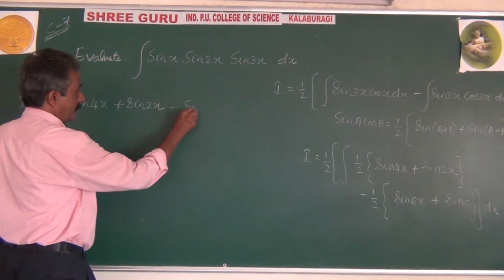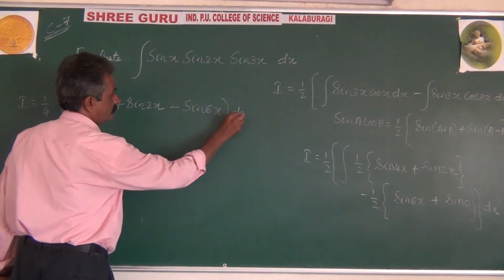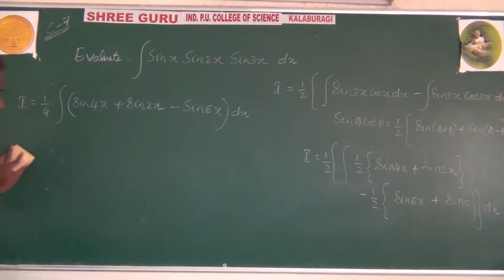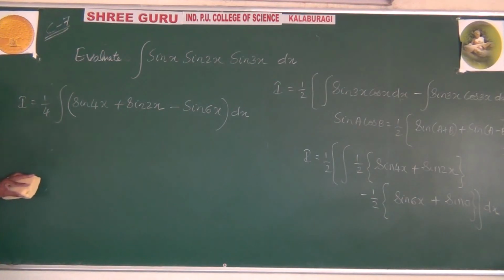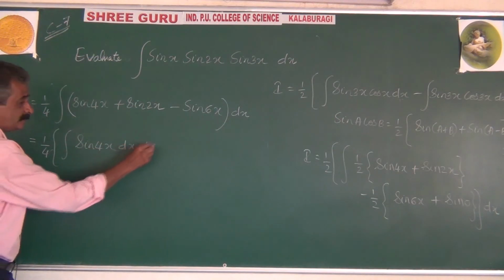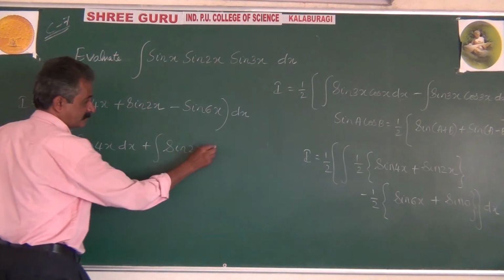Hence we have only minus sin 6x dx. Now we can decompose into 3 integrations: 1 by 4 bracket, first one integration of sin 4x plus integration of sin 2x minus integration of sin 6x.